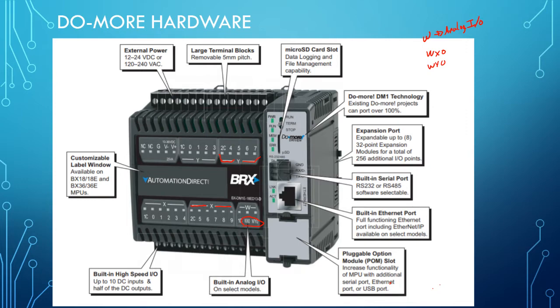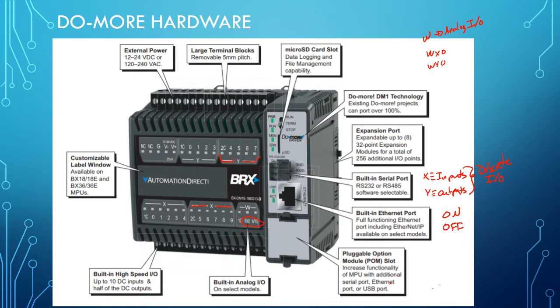So we said before that the Xs are the inputs for the PLC, and the Ys are the outputs. But these are what we call discrete I/O. This discrete I/O is either on or off.